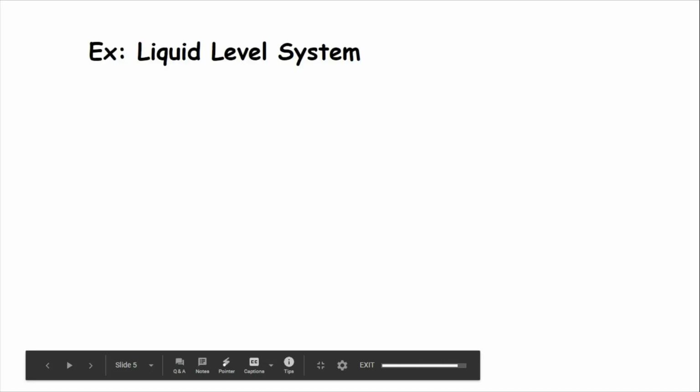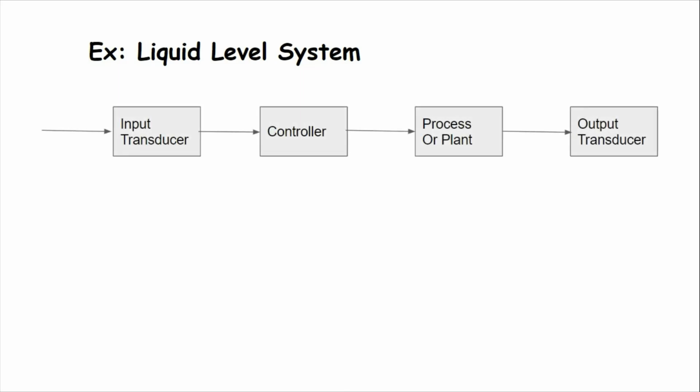Now let us consider the liquid level system and make a functional block diagram of this system. This is our basic block diagram structure for a control system. Here we can adjust our example and show the respective blocks. Here the knob and tank system is representing a plant and liquid level sensor is representing an output transducer.